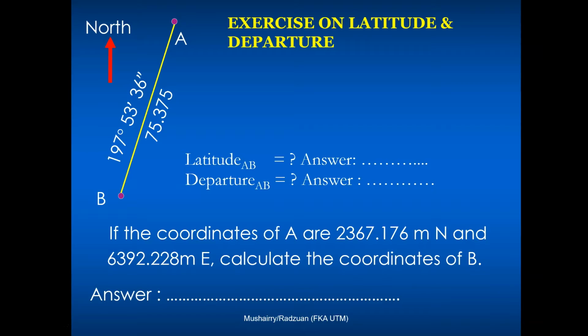You're given 197°53'56" from B to A, and distance 75.375. Latitude simply will be the cos, so that'll be the answer.